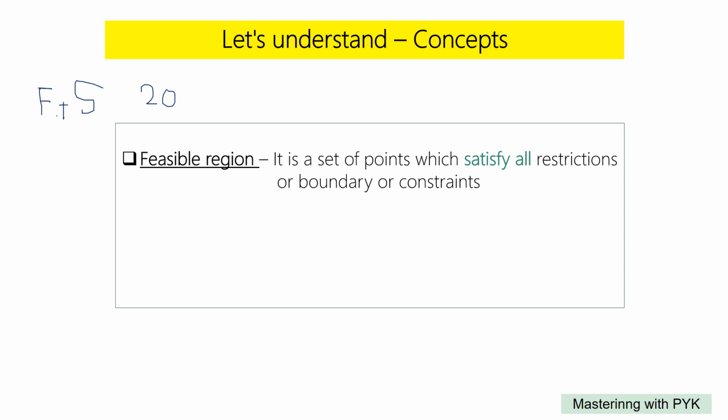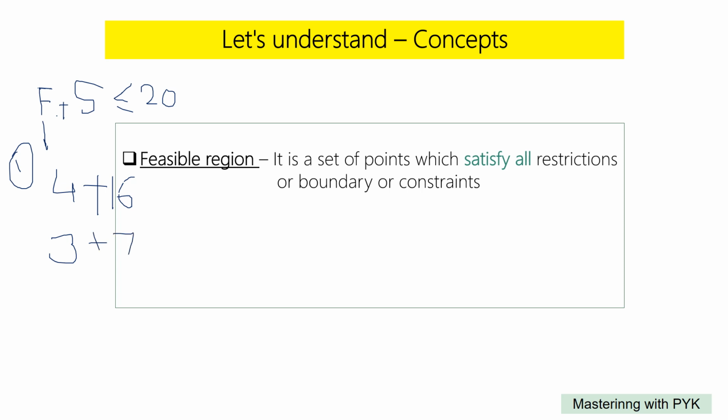So what can be the possible solutions? The first solution can be 4 fans and 16 sewing machines, or vice versa, or it can be 3 plus 7.